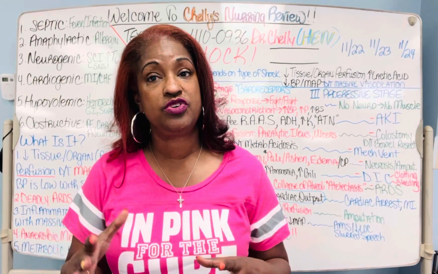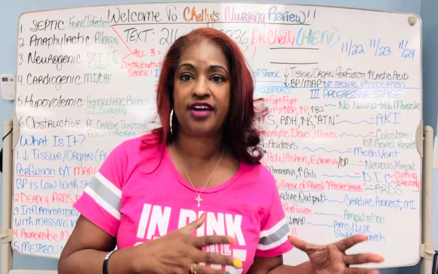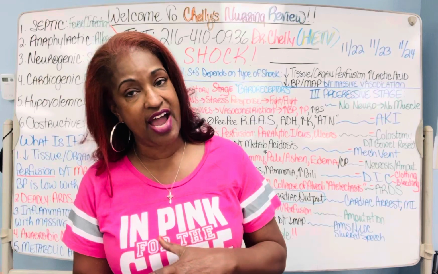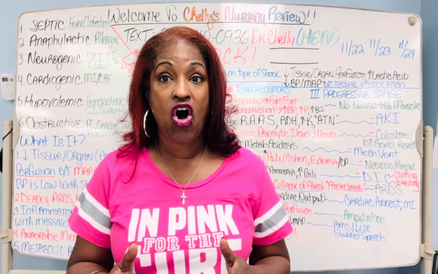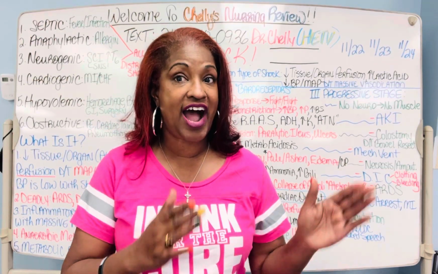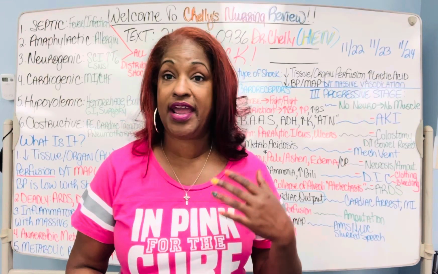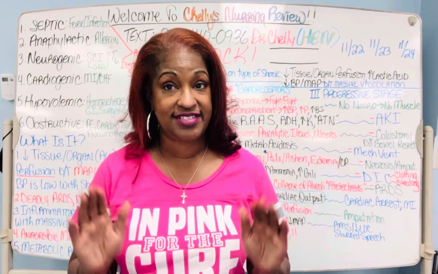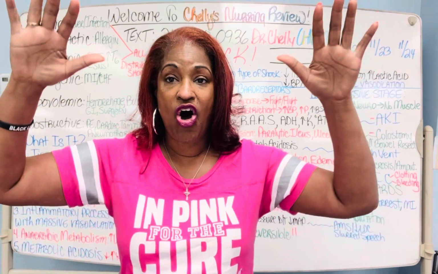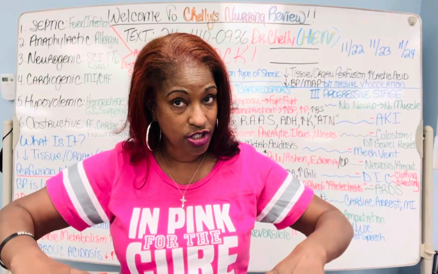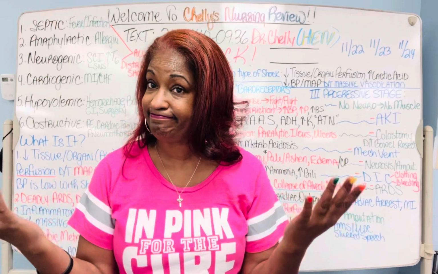And the way you know neurogenic shock from all the other shocks is all vital signs are low. The temp, the pulse, the respiratory rate, the blood pressure. I'll say it again. All vital signs are low, okay? So that's a big deal.